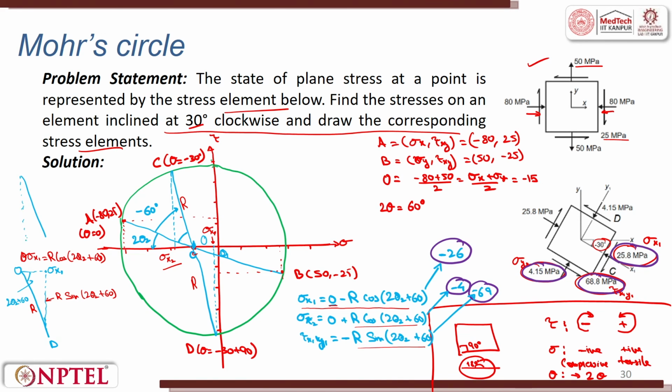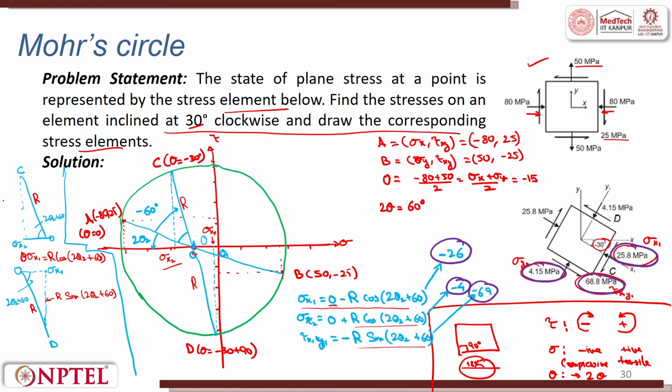This is projection on the line, this point is C, right. This point is sigma x2 and this is my O, and this angle is again 2 theta 2 plus 60, this is my r, the radius.